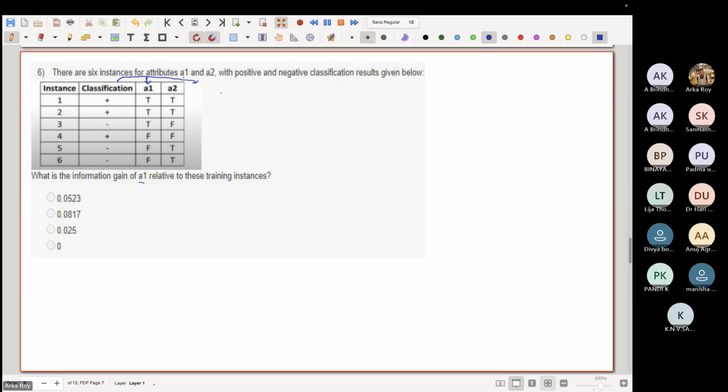Information gain is basically the entropy of the whole set, which is all the instances that we have, minus the summation over the individual subcategories present in each attribute.